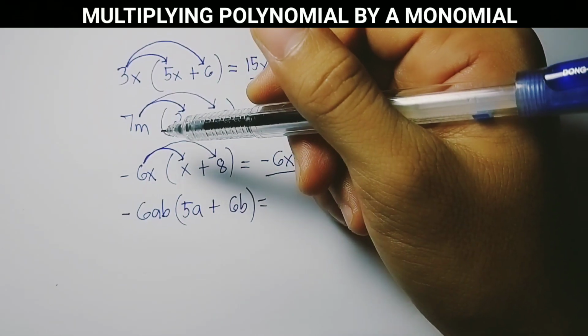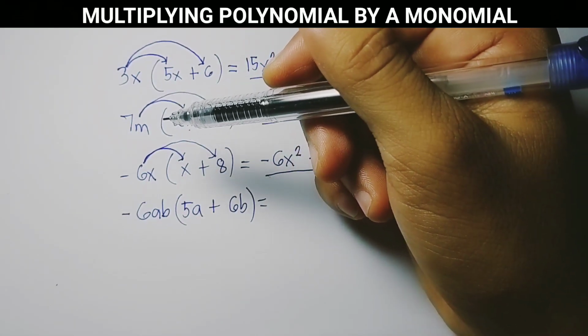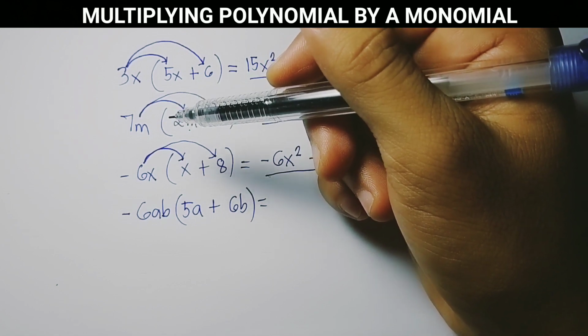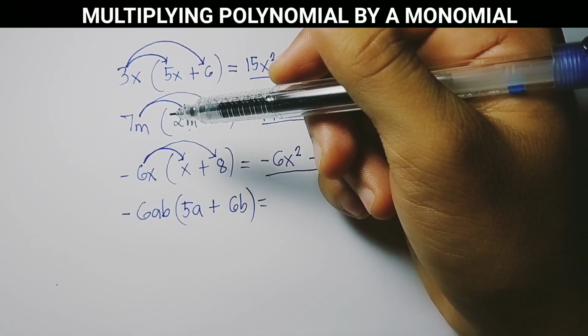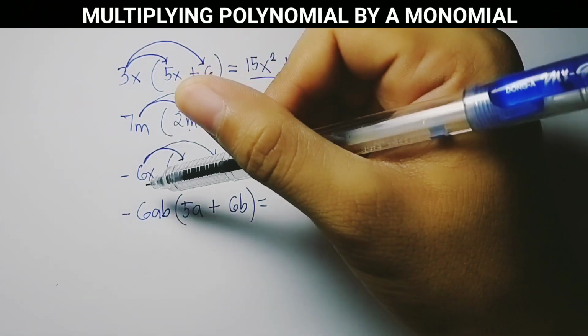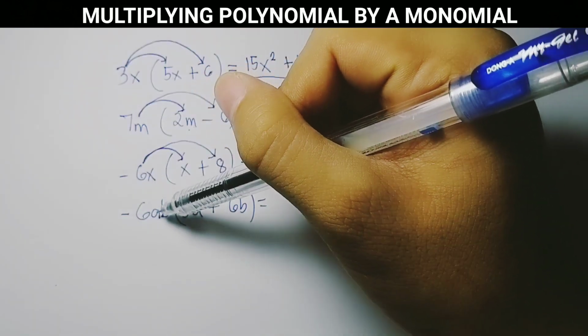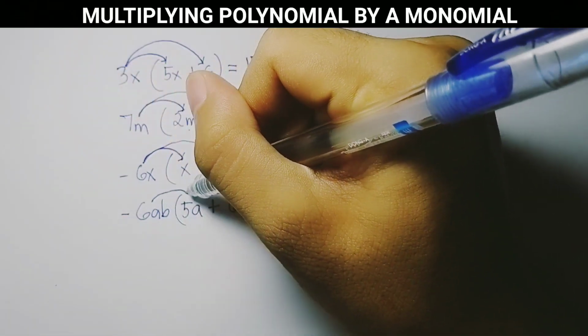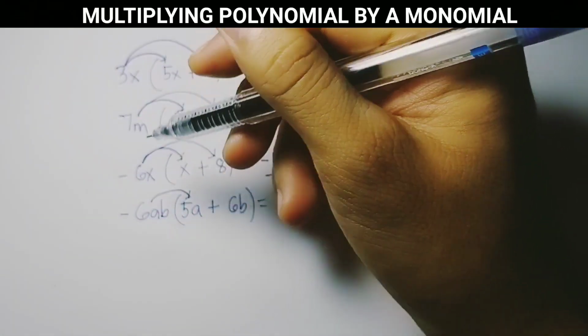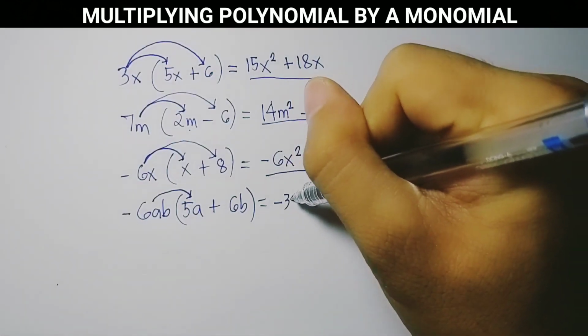So walay mabag-o sa proseso gihapon. Dapat dili lang nato kalimtan ang rules of exponents sa pag-multiply. So we have negative 6ab, i-multiply nato sa 5a. So negative 6 times 5, that is negative 30.